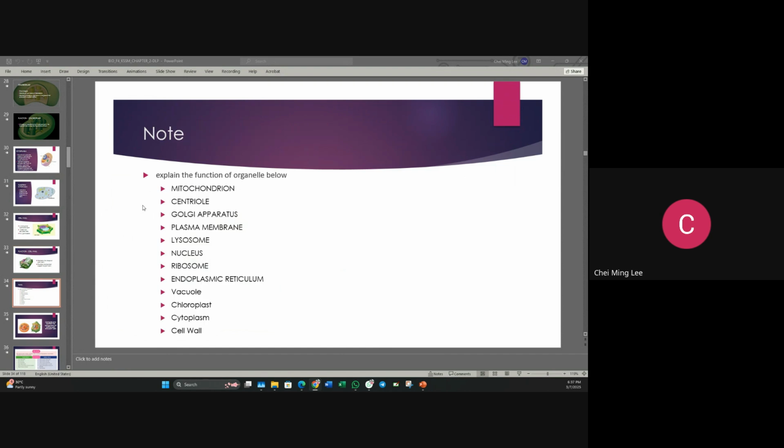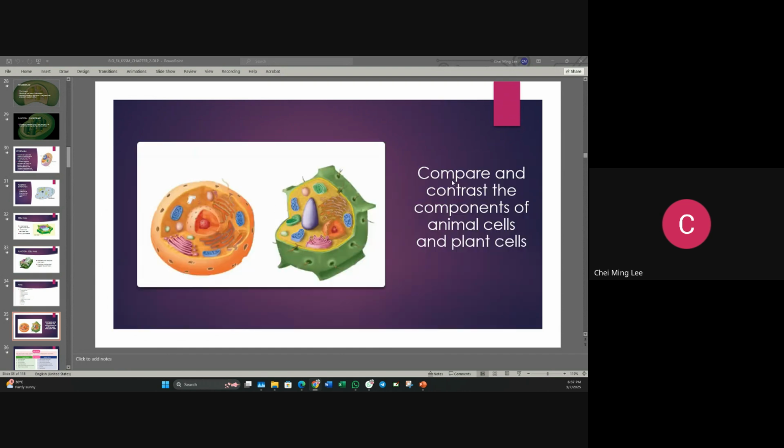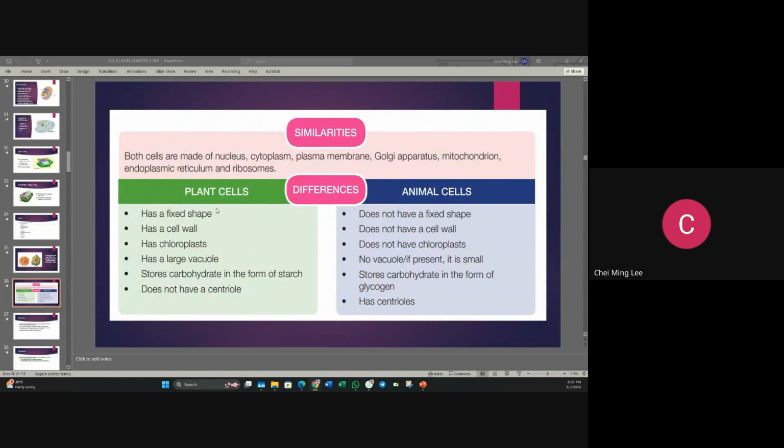Okay. So now let's see the comparison between the animal cell and the plant cell. This is the comparison.